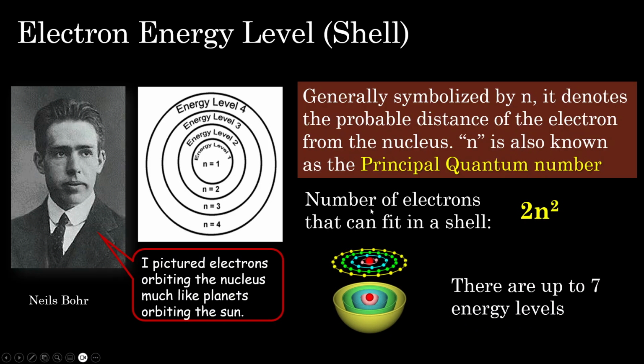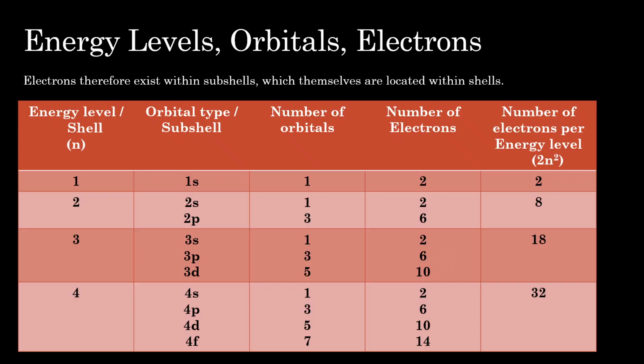So we just say the number of electrons that fit in the shell is 2n squared, and there's up to 7 energy levels. You see that aligns nicely with the periodic table, that there are 7 rows or periods in the periodic table. So we need to state there are 2 in the first, 8 in the second, 18 in the third, and 32 in the fourth energy level.